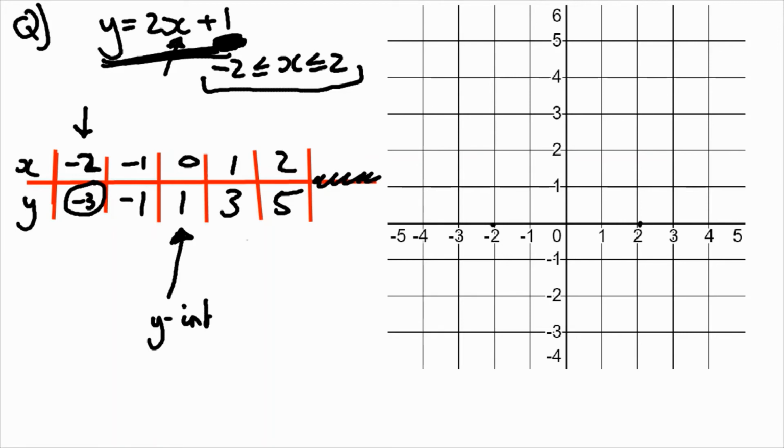What you also can note is every time we take a step to the right, we are adding 2. And that's to do with 2 being our gradient.